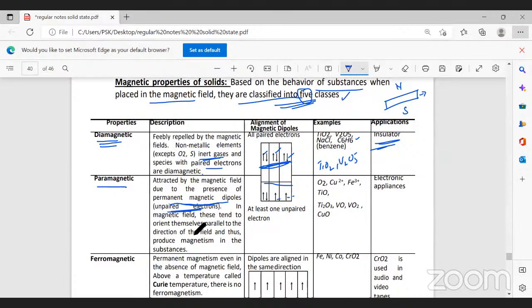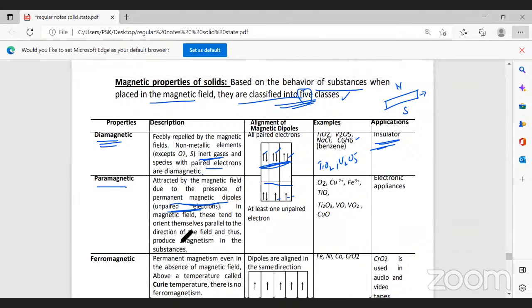And these tend to orient themselves parallel to the field and thus produce magnetism in the substances. So materials which are attracted towards the magnetic field are called paramagnetic substances. That is because of the presence of at least one unpaired electron. Here they have shown two unpaired electrons, but at least one unpaired electron.